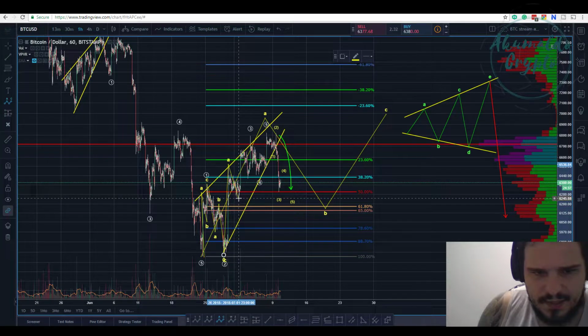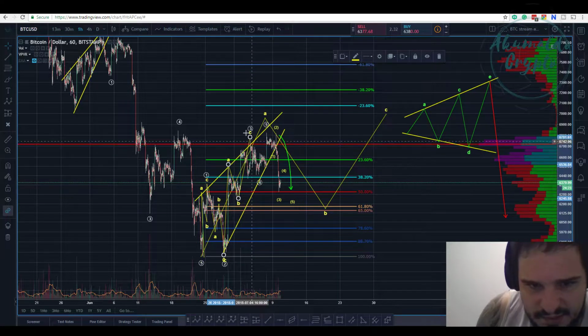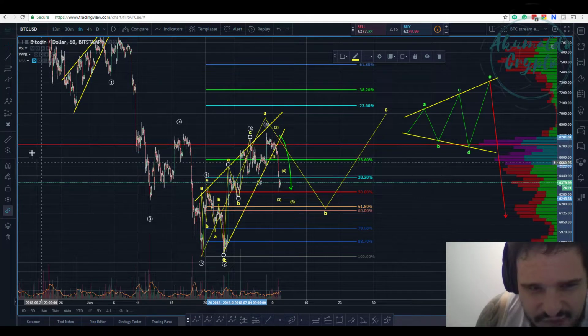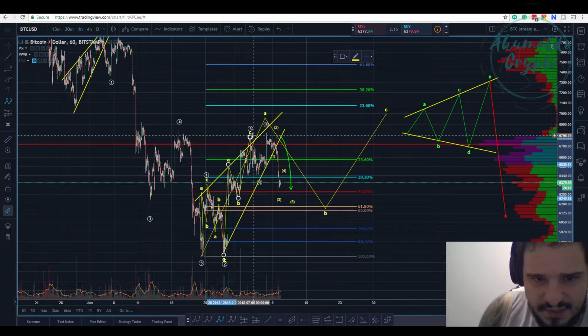A, B, and C. Okay, it's divided by threes inside threes. Okay, threes inside threes, and A. Here we have an ABC really squeezed. Right?